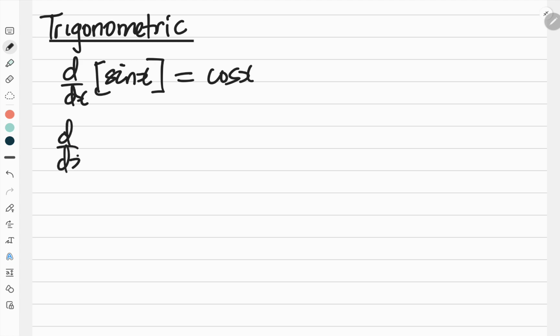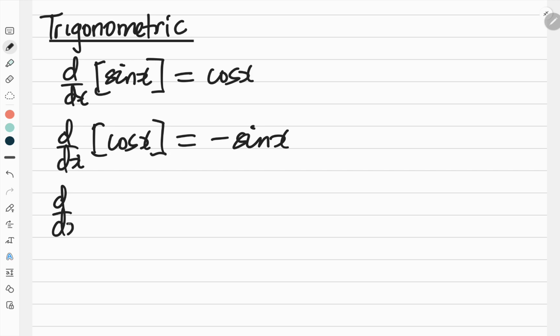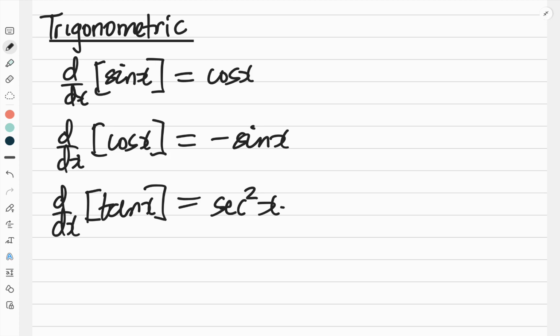We also have the derivative of cos x being equal to negative sine x. Then we also have the derivative of tan x being equal to sec squared x. So these are the basic trigonometric differentiation that we have.